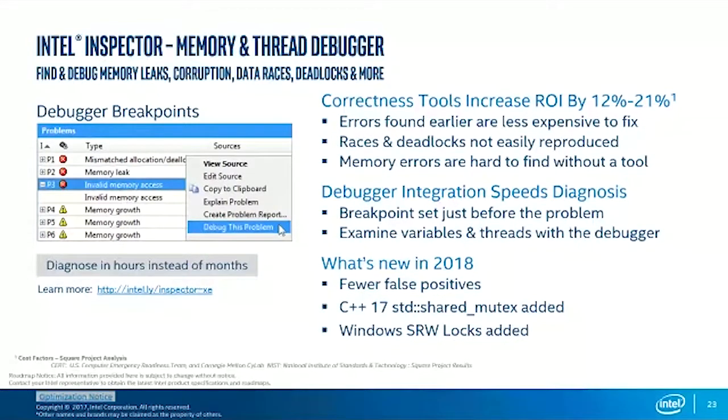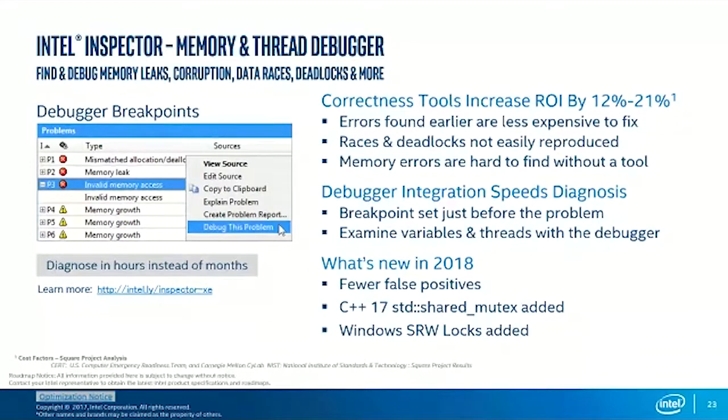And second, it can offer debug integration, which speeds diagnosis. It's kind of like giving a breakpoint set just before the problem, so you can measure and identify the problem. And what's new in the 2018 version?